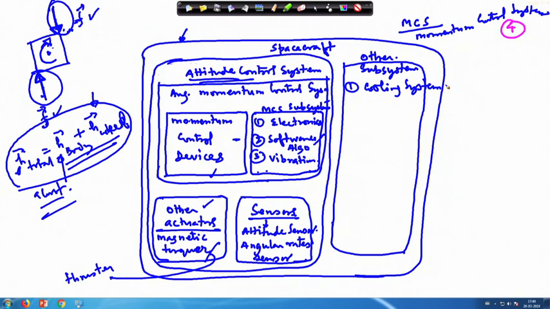It failed once it was put in the orbit. There was a temperature control problem, and because of that some of the sensors failed. So, the satellite attitude cannot be known, and therefore it became very difficult to manage.